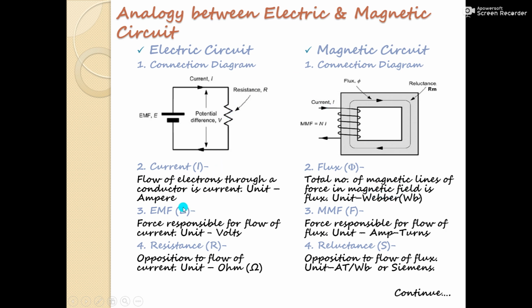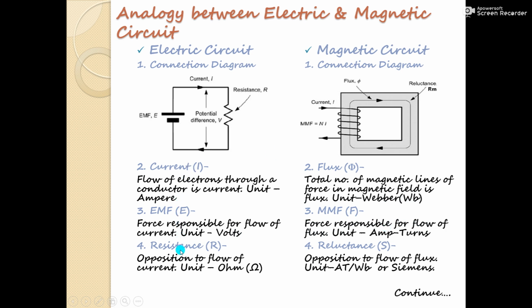In an electric circuit, we have electromotive force, which is the force responsible for the flow of current. The unit for electromotive force is volts. In a magnetic circuit, we have magnetomotive force, the force responsible for the flow of magnetic flux, and we measure magnetomotive force in ampere turns.